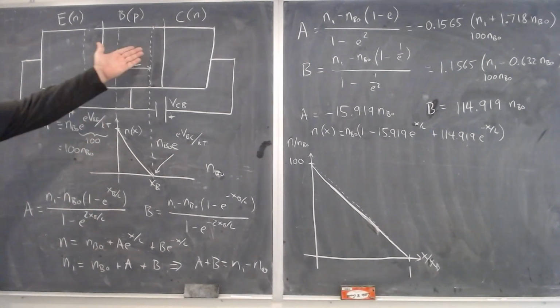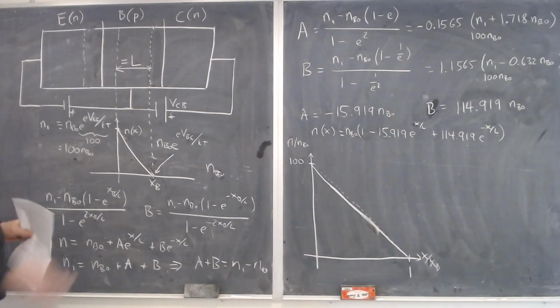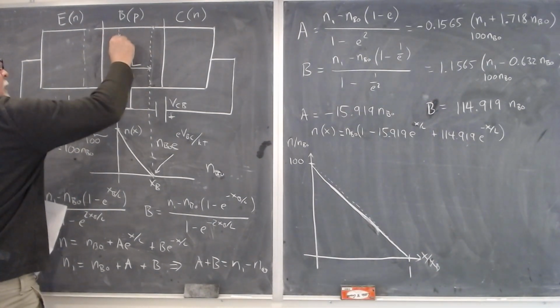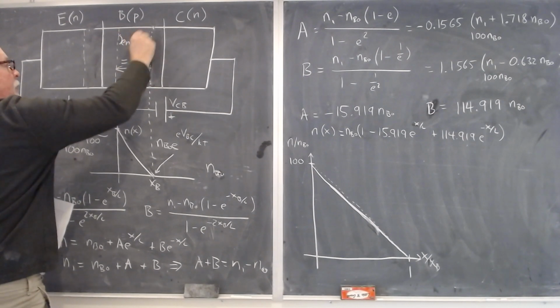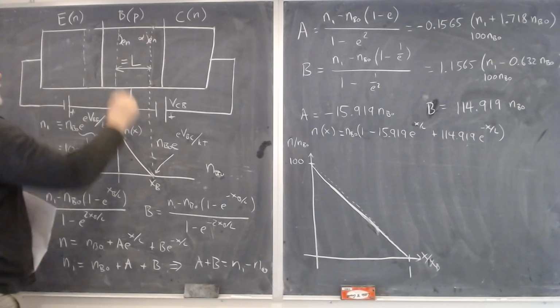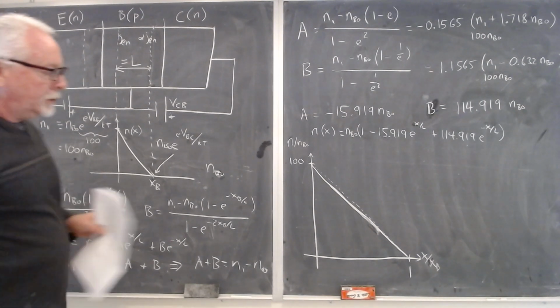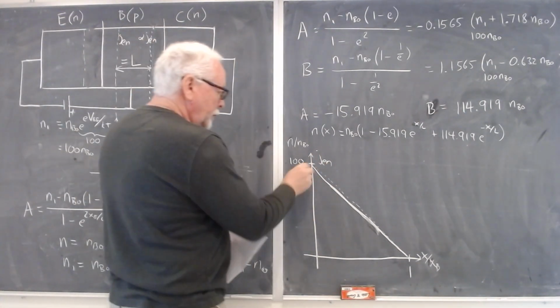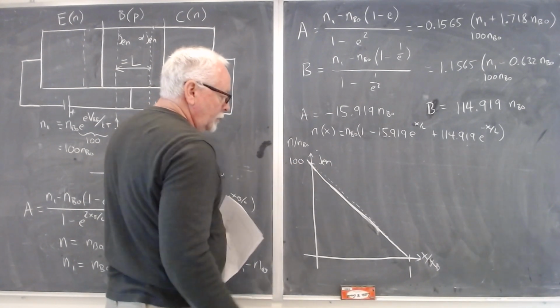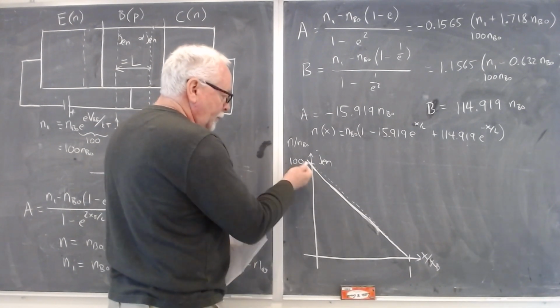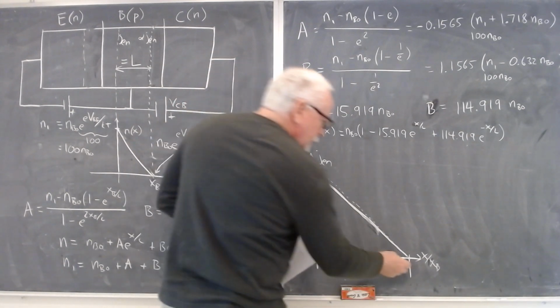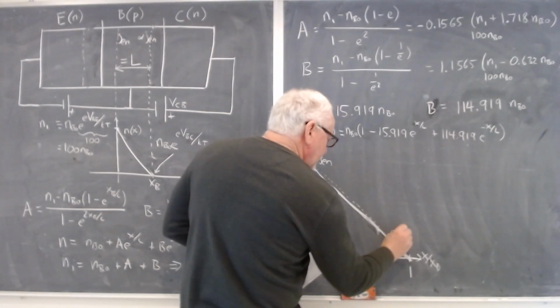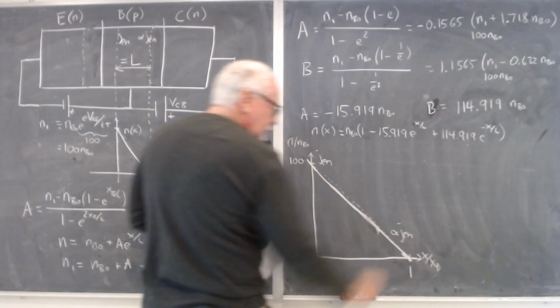Because carriers are being lost in the base. Remember, this is JEN, and this is alpha JEN over here, where alpha is slightly smaller than 1. This is JEN over here. That's slope, right? Well, it's proportional to that slope. And alpha JEN is proportional to that slope over there.